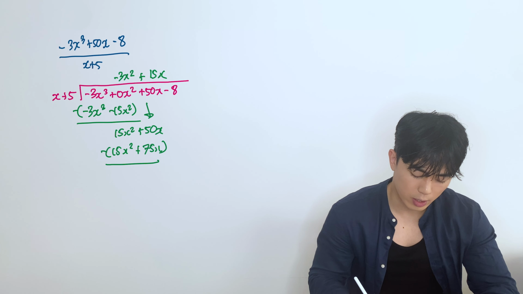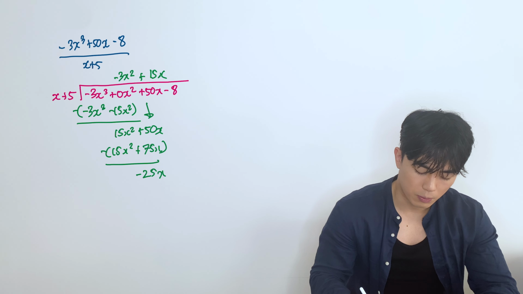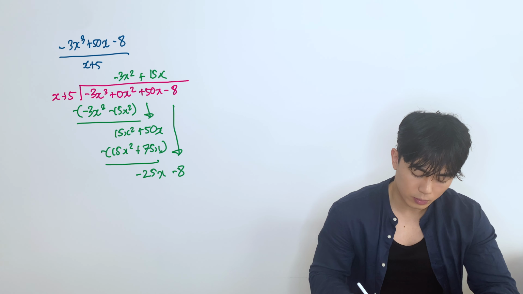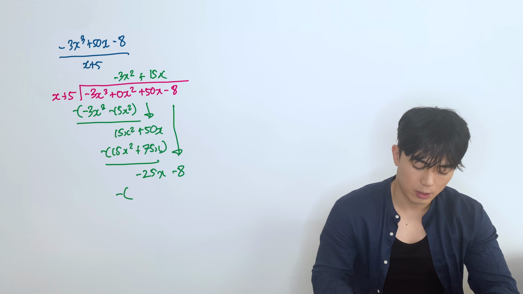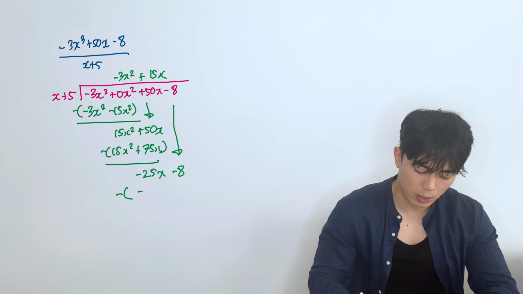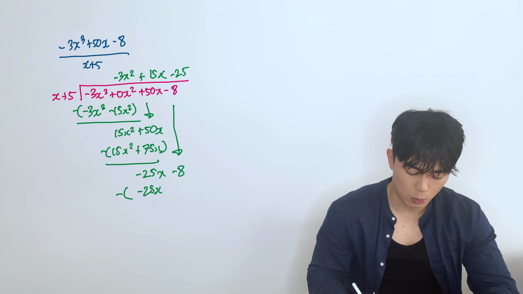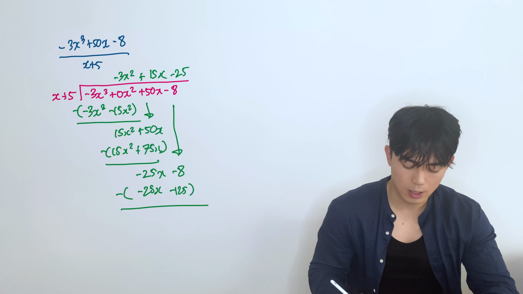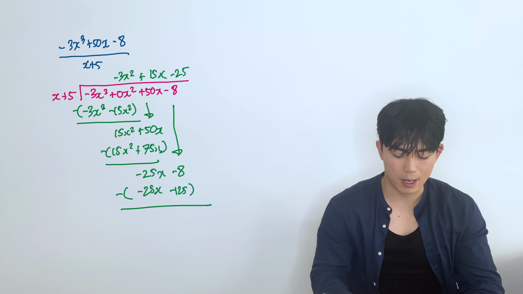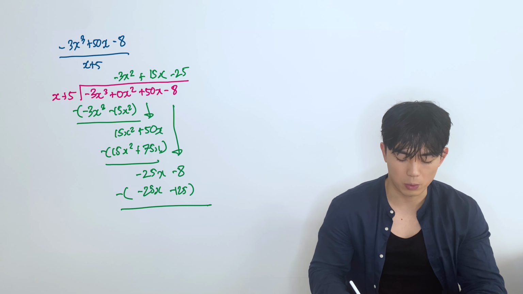And then what we have is minus 25x, bring this down, minus 8. So this would be minus 25, so minus 25x, minus 25 times 5 is minus 125, like this. And as you can see, we'll get a remainder, right? Because minus 8 minus 125 is 117.